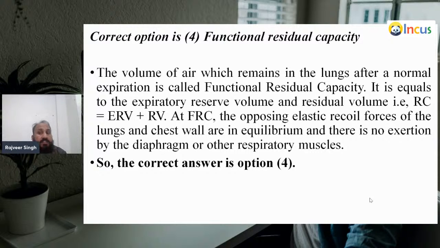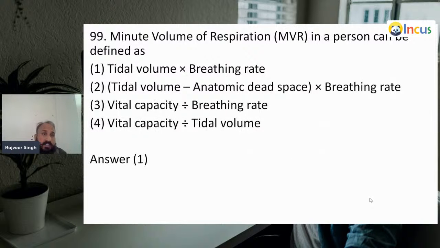It is also equal to the expiratory reserve volume plus residual volume, that is, FRC means ERV plus RV. At FRC, the opposing elastic recoil forces of the lungs and chest wall are in equilibrium and there is no exertion by the diaphragm or the other respiratory muscles. So the fourth is the right answer.